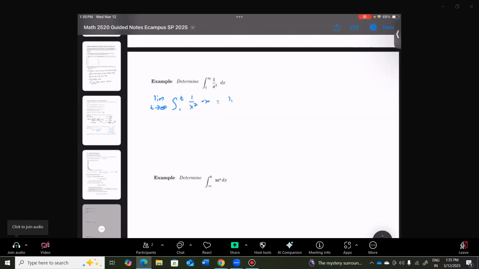Then we do the antiderivative, and you get negative 1 over x, from 1 to t. So it'll be the limit as t goes to infinity of negative 1 over t minus negative 1 over 1.